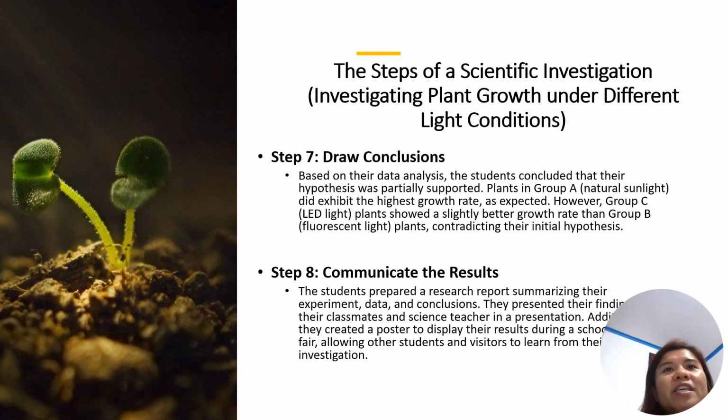However, group C, having the LED light plants, showed a slightly better growth rate than group B, which has the fluorescent light plants, contradicting their initial hypothesis. So that's our example for step 7.